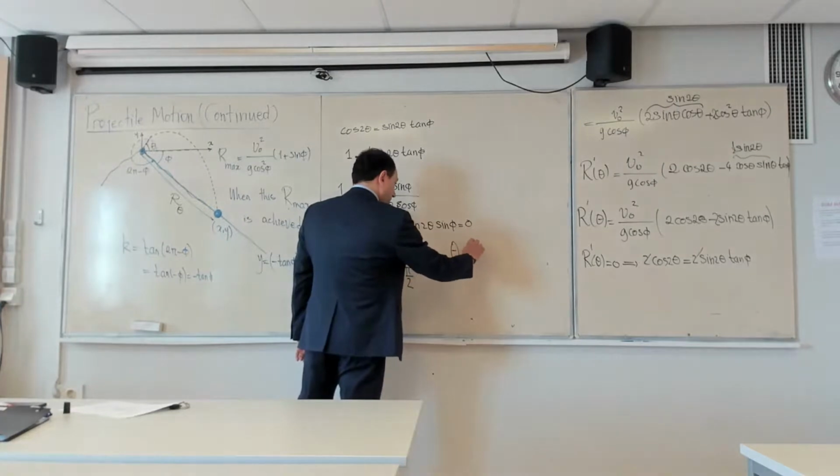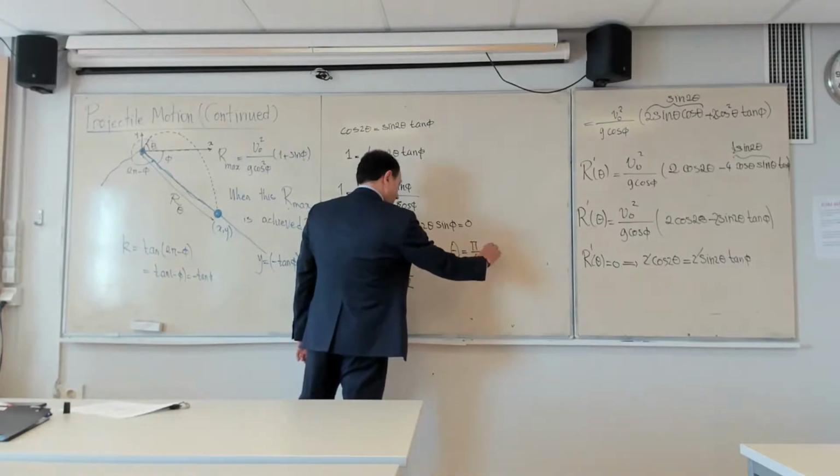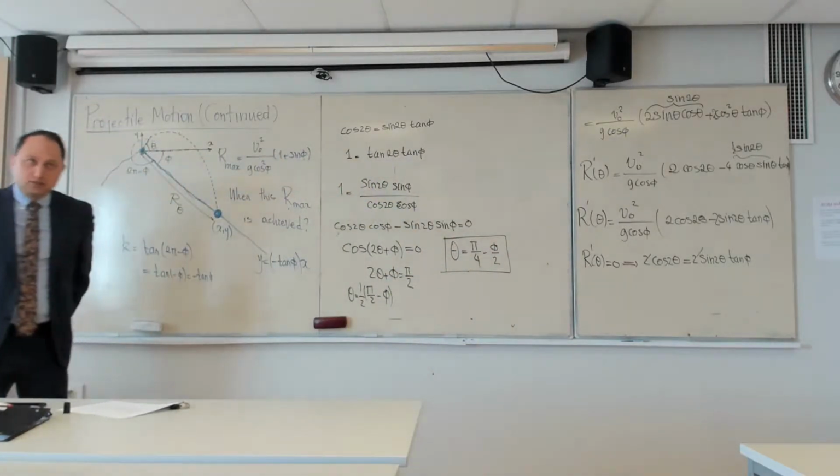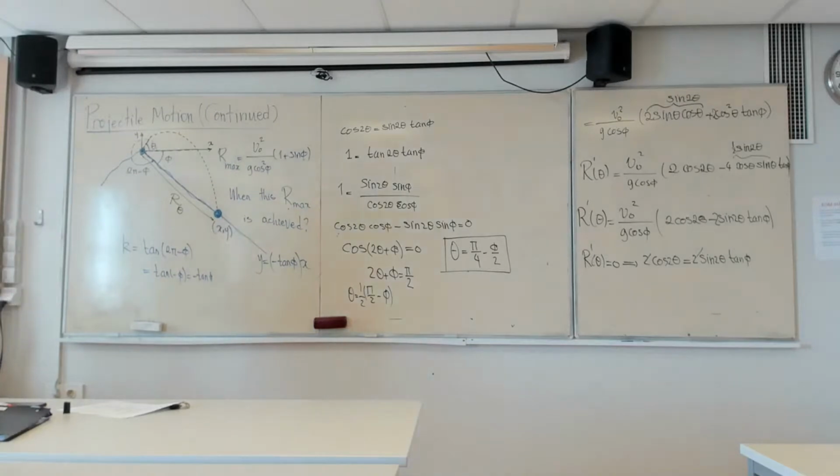So let us go back, let us wait a little bit. Do you understand what is going on? If someone asks you what you have been calculating so far, what is that? The angle to throw at to get the max distance. Yes.